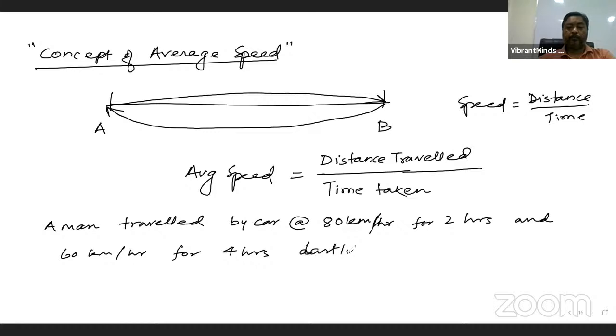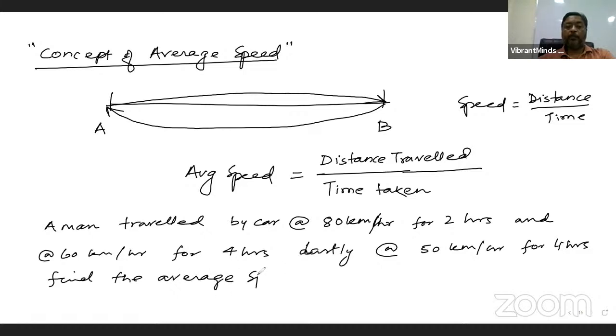Lastly, at 50 km per hour for 4 hours. Now it says find the average speed.